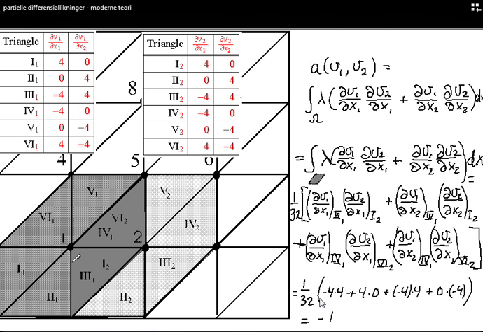You see here in the first triangle, the partial derivatives of these two are from the table -4 and 4 respectively, and the value here is 4, the value here is 0, the value here is -4, the value here is 4, the value here is 0, and the value here is -4, and multiplying this with the area, we obtain minus 1.